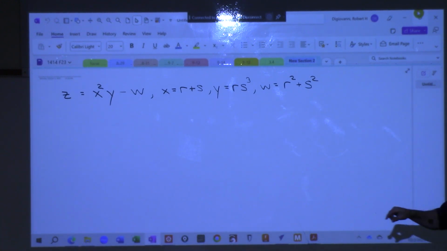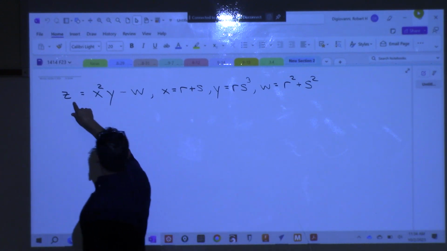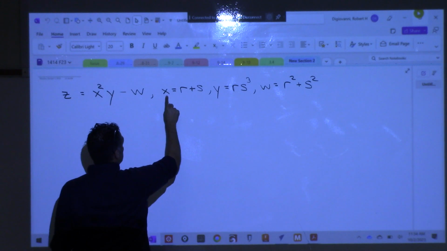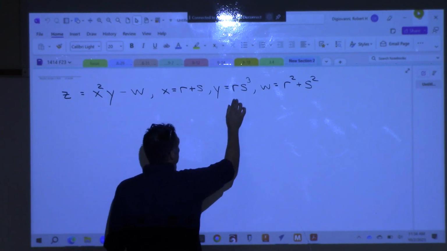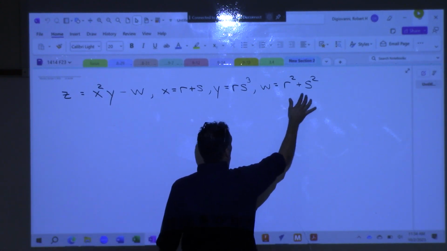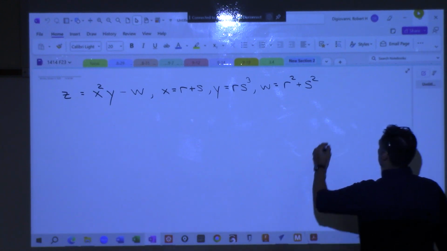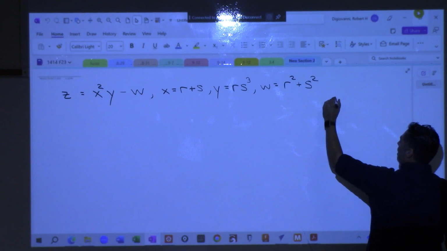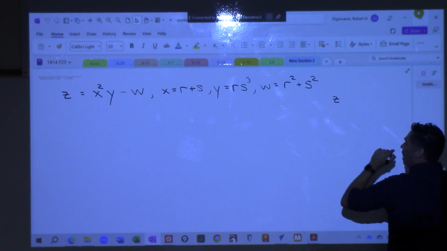So let's see here. Z depends on what? X, Y, and W. Okay, what does X depend on? R and S. What does Y depend on? R and S. What does W depend on? R and S. Okay, let's see what this tree looks like. These are called tree diagrams. I've been calling these branches. I was kind of waiting to reveal they call these tree diagrams.